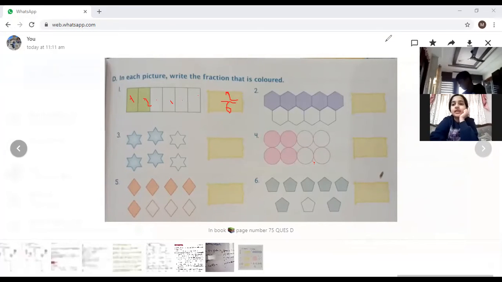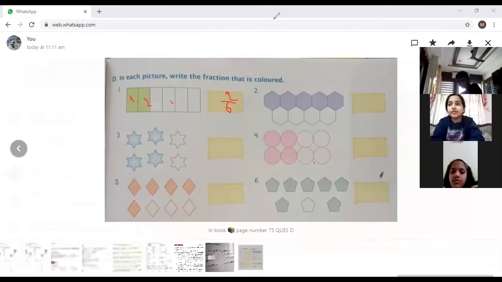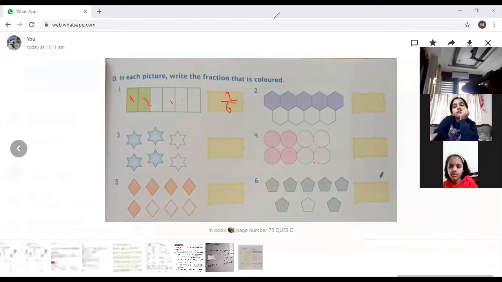I'm going to give permission to you. Pratyusha, you have to ask me for permission. Ask permission from me. I'm going to give you remote control. Pratyusha, now you can write the second one.